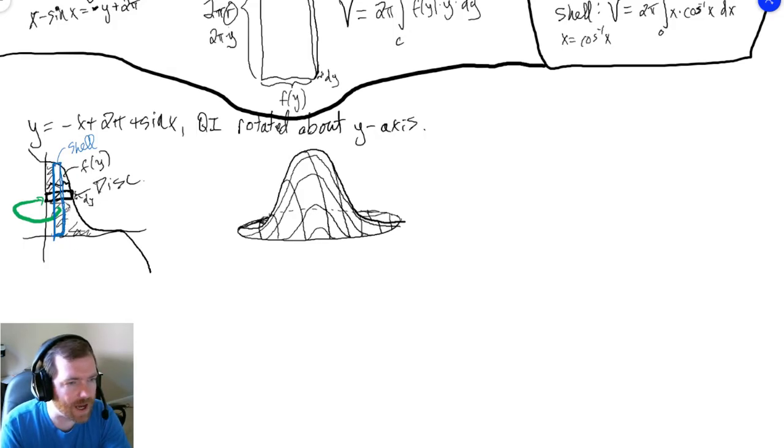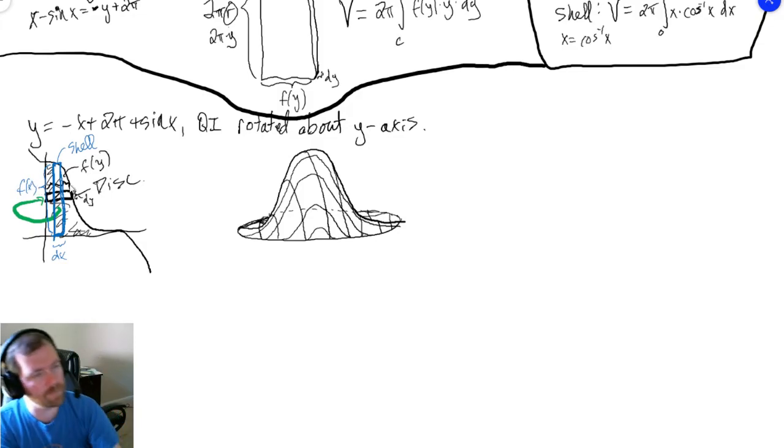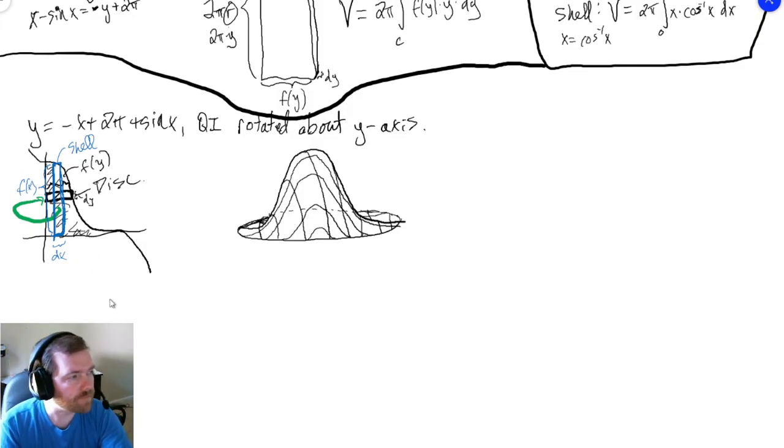So here, if we actually do this, it's going to be in terms of the shell, and we're going to have dx going sideways, and f of x is going to be our function this way. So we can look at this in terms of the original function, f of x, or y equals. It's going to have to be a shell method, again, in order to get this.